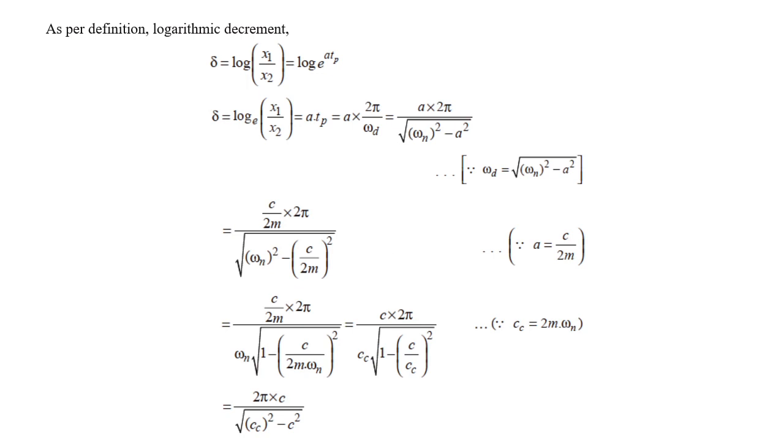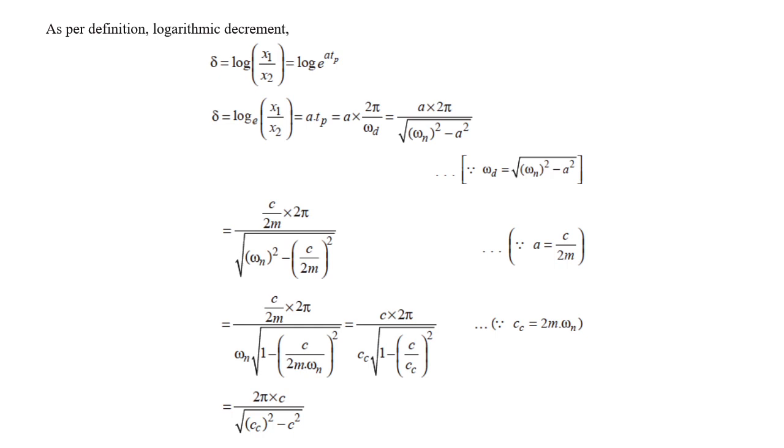Now if x1 and x2 are successive values of amplitude on the same side, then the amplitude reduction factor will be x1 upon x2, and I can write it as e raised to a t into e raised to a t as a constant. This ratio is constant, just remember that x1 upon x2 or x2 upon x3 is equal to a constant. Now as per the definition of logarithmic decrement, we will represent logarithmic decrement by delta.